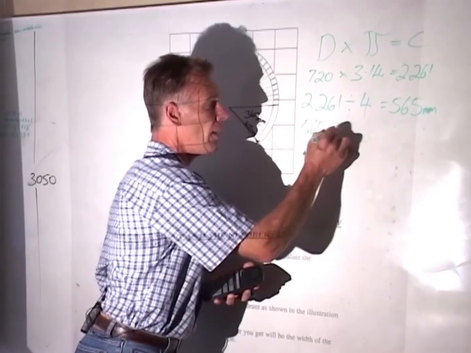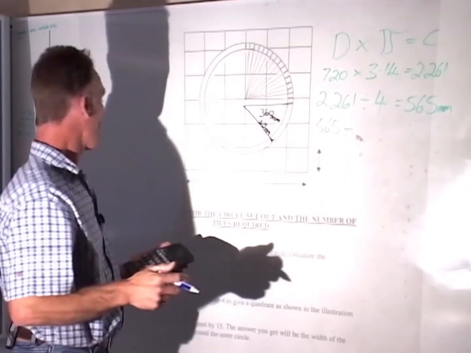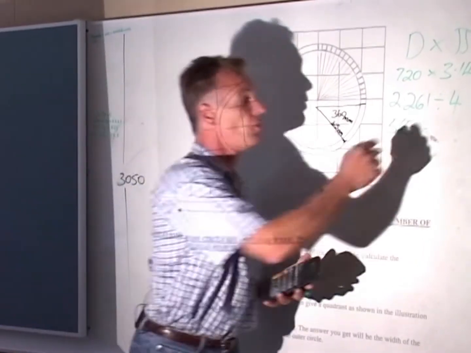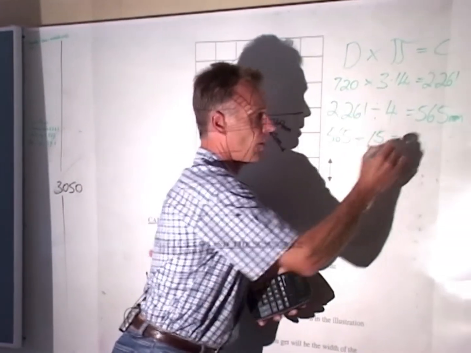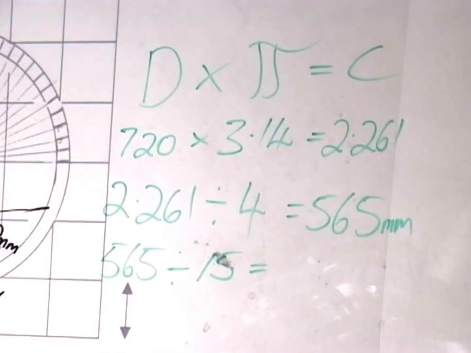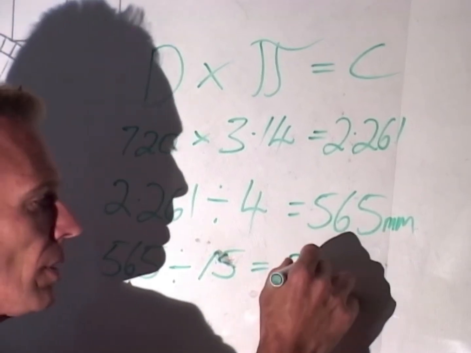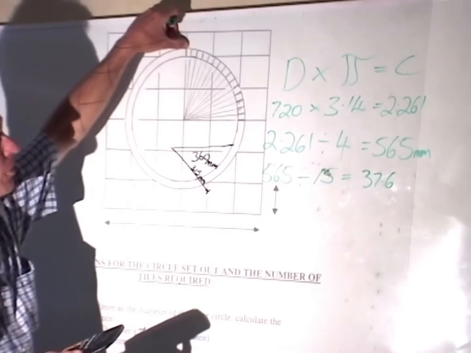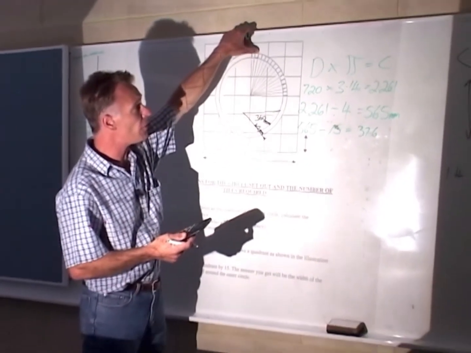From there, let's divide that by the number of tiles that we wish to use. Now in this case it's 15. And that's 37.6, which represents the measurement of the outside of each individual tile.